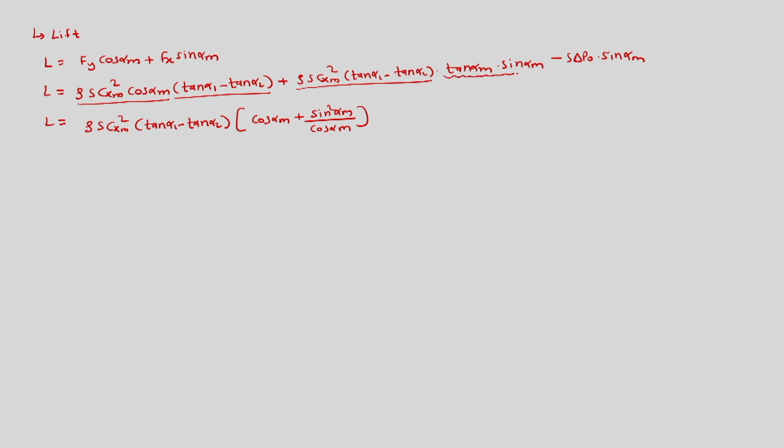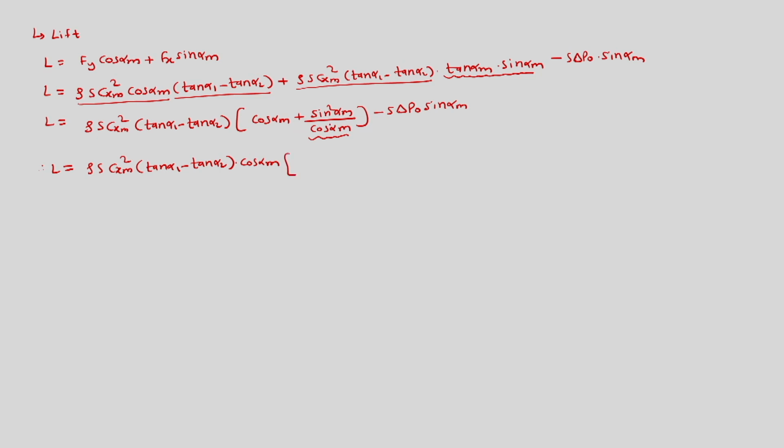Here we have two terms. These two terms mean this single term, which is sin alpha m divided by cos alpha m. So, S delta P naught into sin alpha m. So, we have rho S Cxm square into tan alpha 1 minus tan alpha 2. We can still take cos alpha m common.